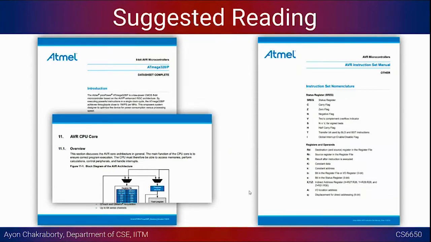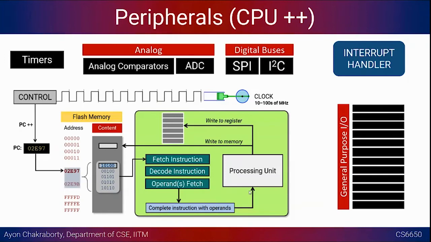So that was the suggested reading, and today we are going to look at the peripherals to some extent, and how they interact with the memory and so on. We discussed that there are these timers. We will come into details about what they mean and how they keep count of time.